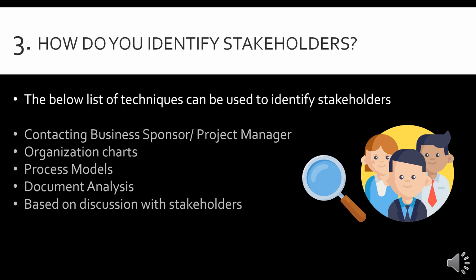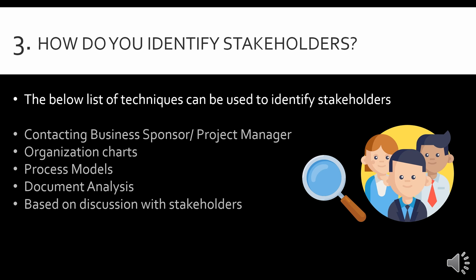Third one, process models. In a complex environment where the process is handled by multiple teams, if you look at the process models, it would help to identify the impacted teams. Fourth one, document analysis. If you look at the existing documents of your organization, you can get the stakeholder list from there.